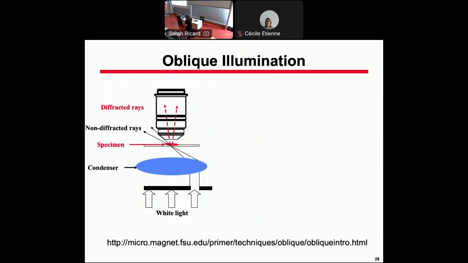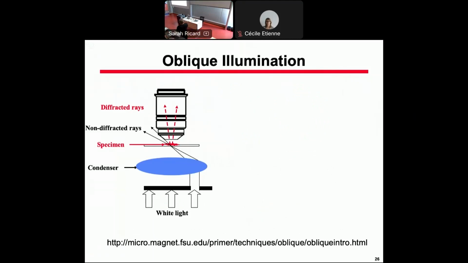Another trick which was discovered at the very beginning of microscopy is oblique illumination. In fact, all the old microscopes were using oblique illumination before the invention of condensers. Here the trick is simply, again, to modify the annular filter to take only one side.